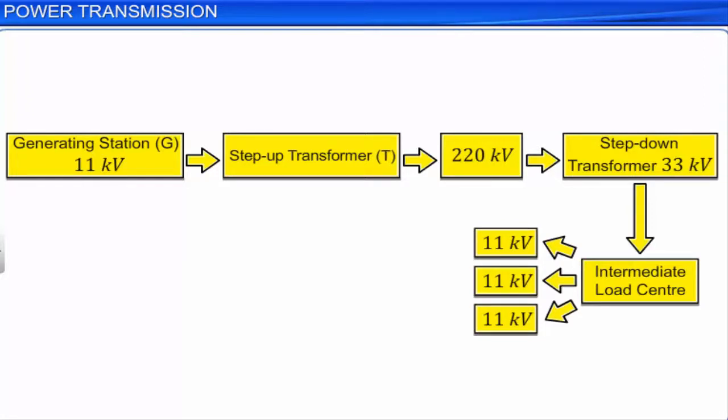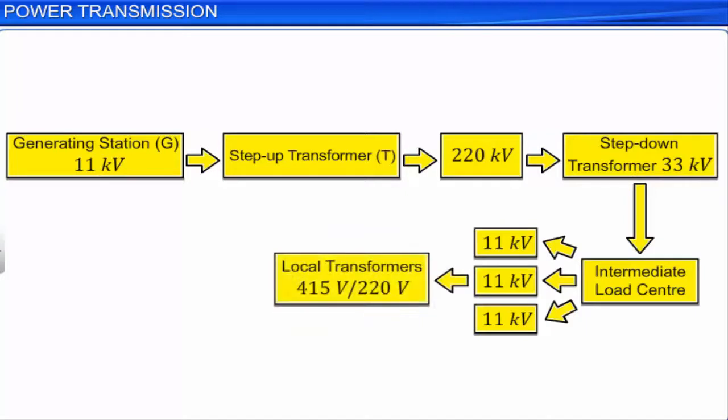This 11 kV power is stepped down by local transformers to either 415 volts or 220 volts and then supplied to industrial or domestic consumers. Note that all houses or industries are connected in parallel to the main supply. Thus, power transmission is done efficiently using step-up and step-down transformers.